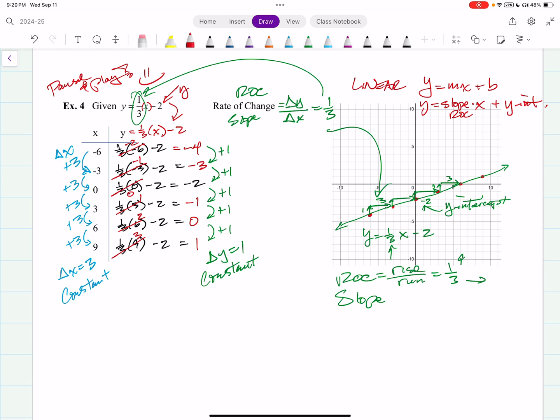So your y-intercept is -2, because that's where the line crosses the y-axis. That vertical axis is called the y-intercept.